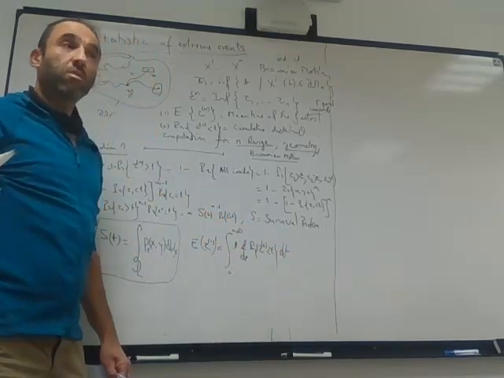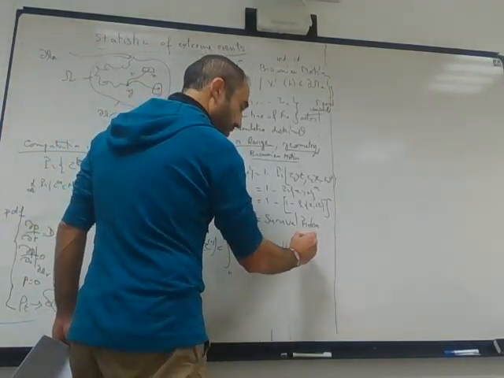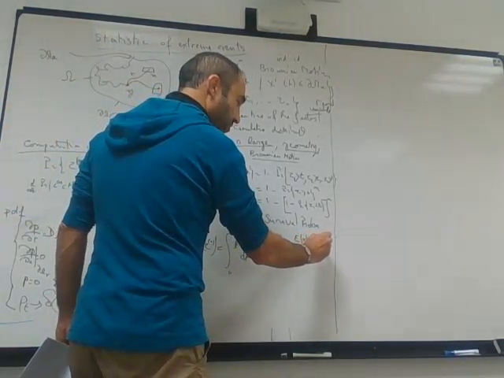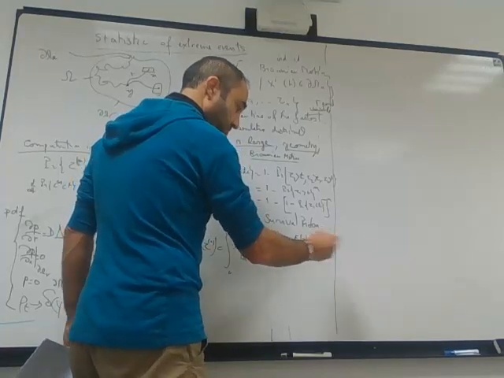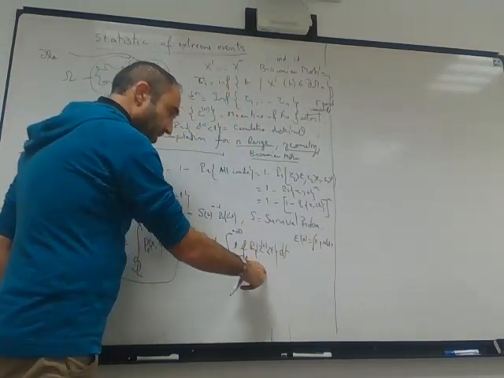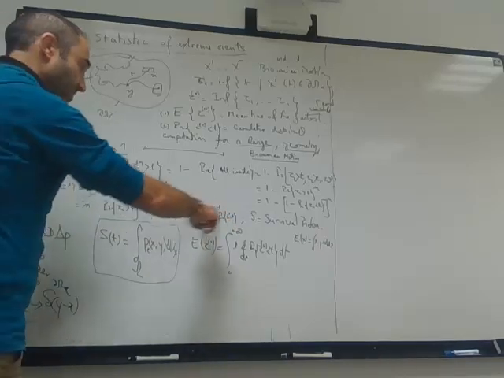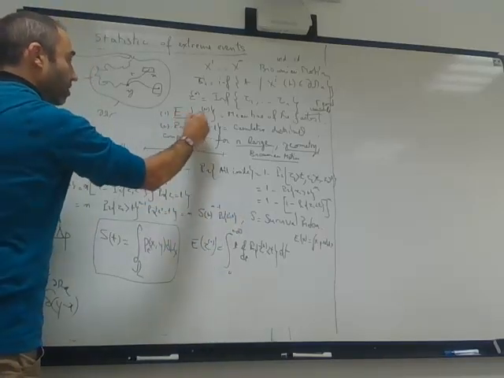It's the first moment. You remember, right? You have a variable x, expectation of x is the integral of x p of x dx. All right. So this is exactly what we just calculated. This is what we want to calculate. It's here.